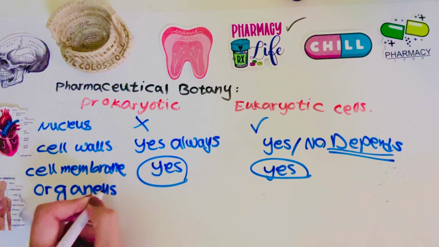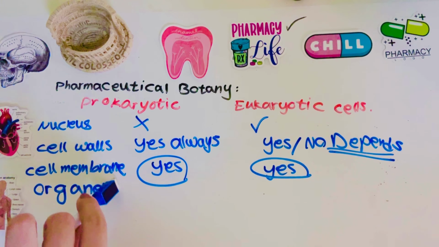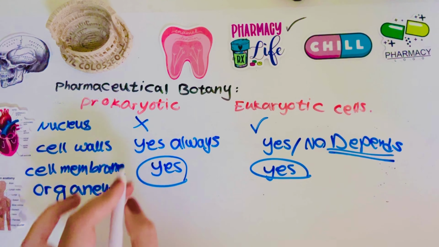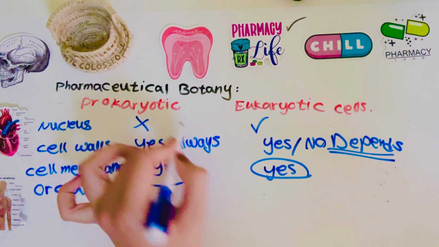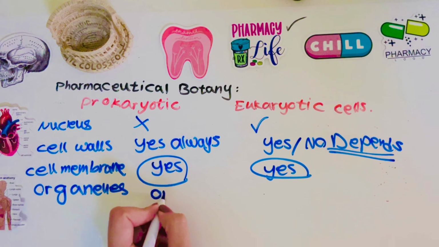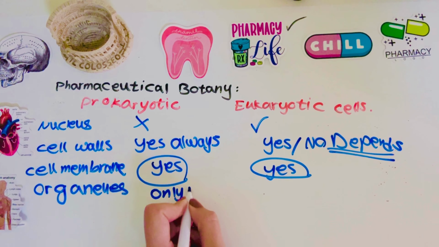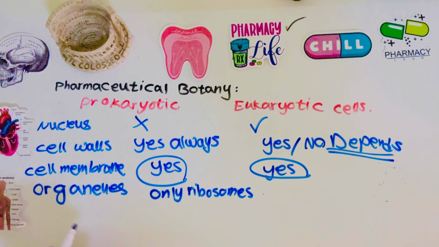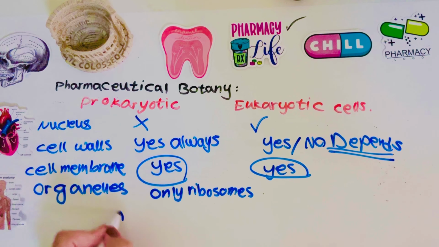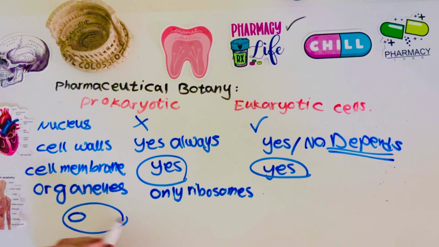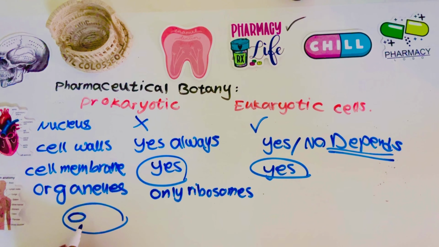Organelles. Do the prokaryotic cells have organelles? They have only and only ribosomes. We cannot say that they have organelles, because organelles should have a membrane so that you can call them an organelle and distinguish them from the other sections of the cell.